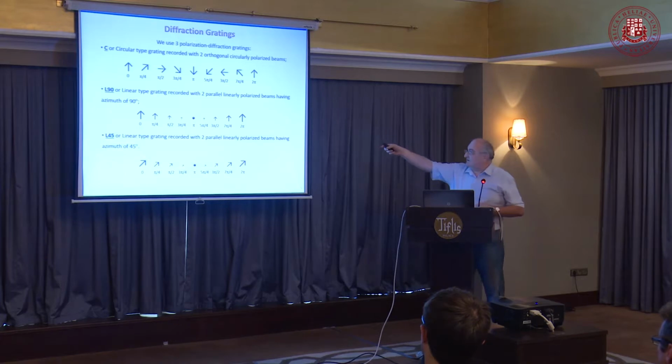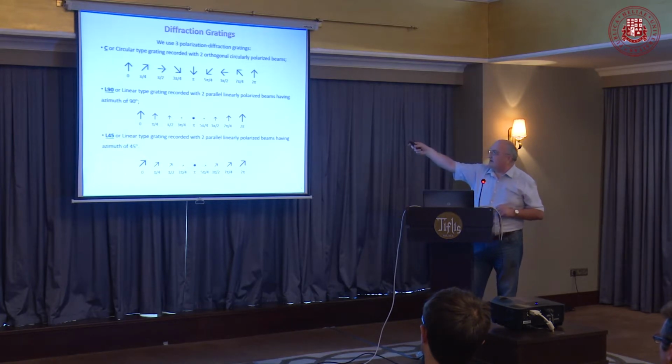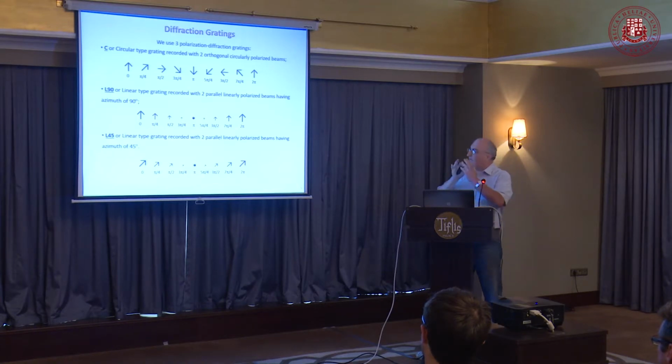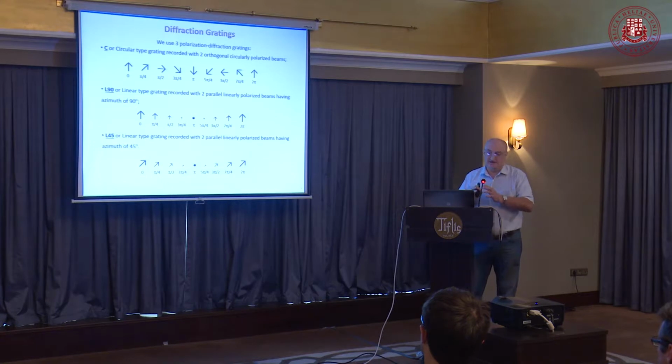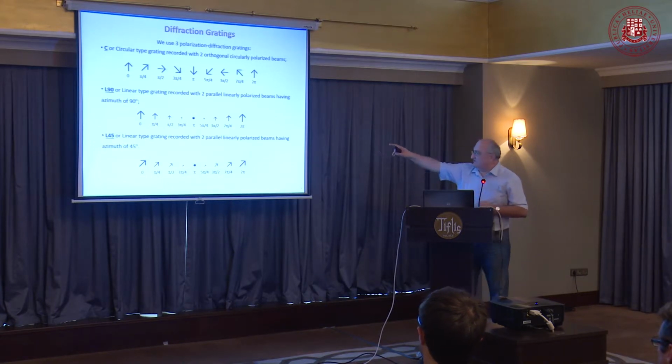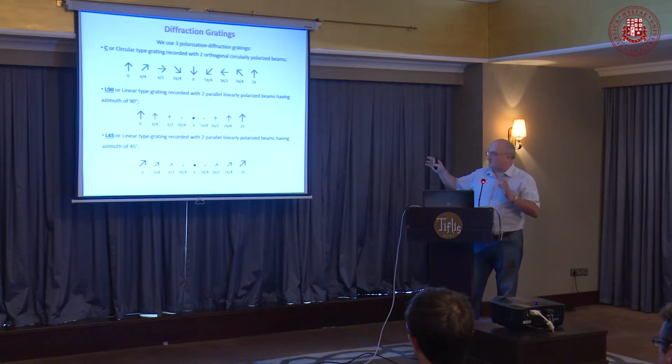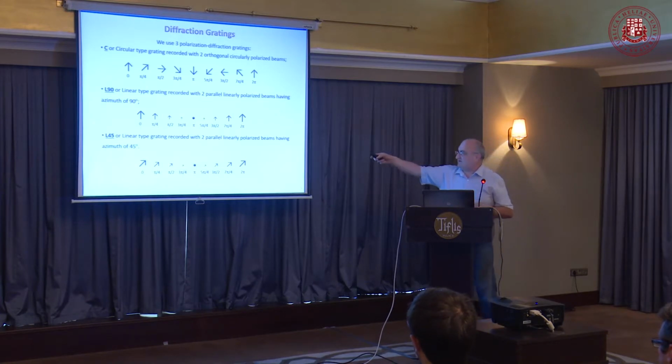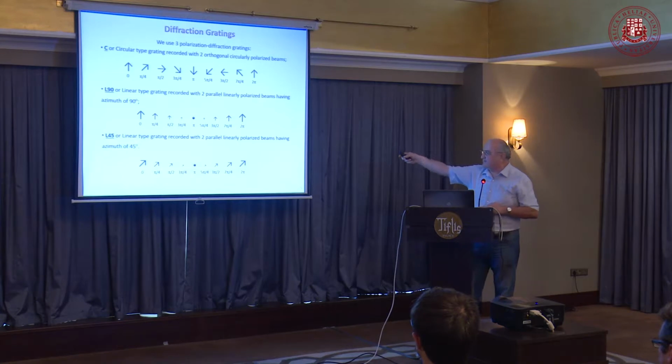The second grating is L90, a linear type grating recorded with two parallel linearly polarized beams having an azimuth of 90 degrees. Also, you see the schematic view of this grating. And the third grating is L45, similar to the previous one, but with an azimuth of 45 degrees.